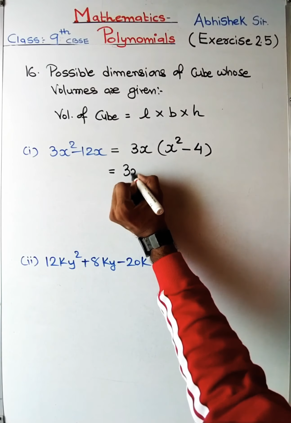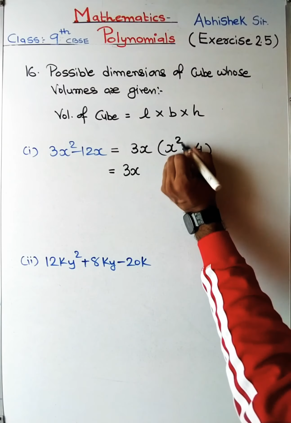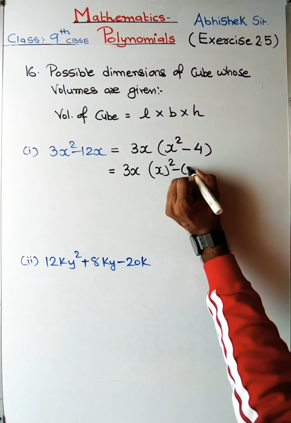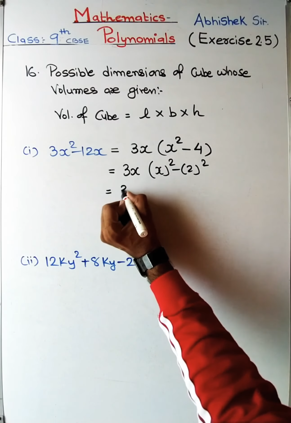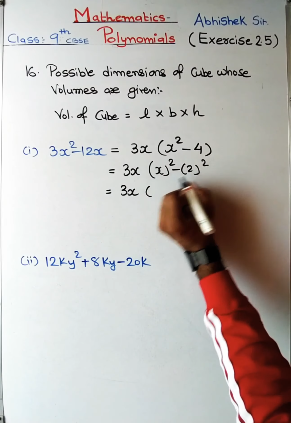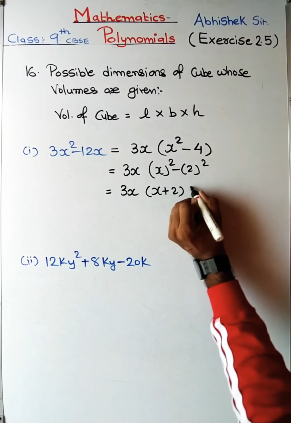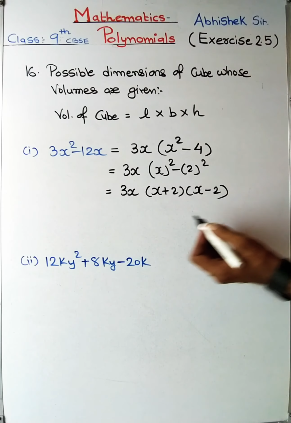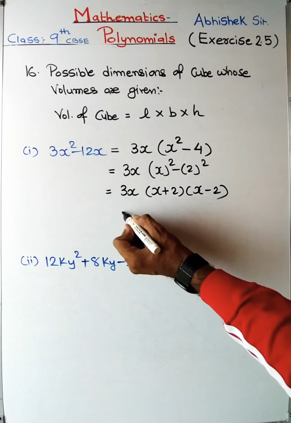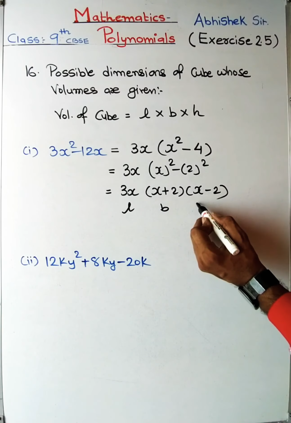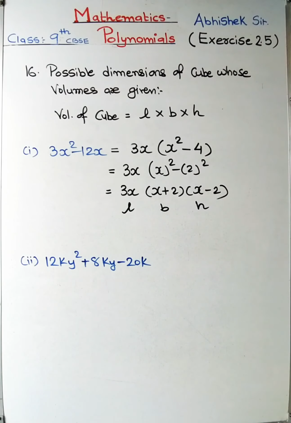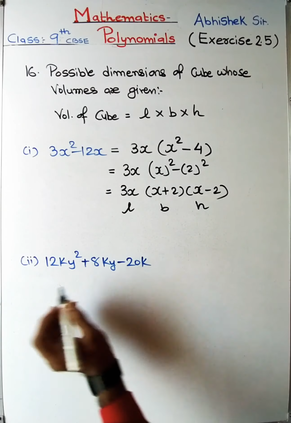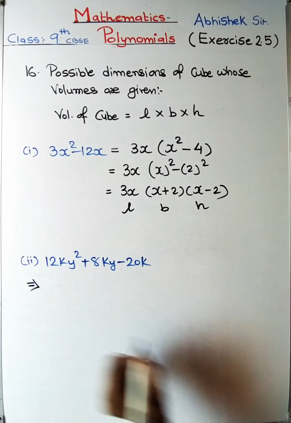So 3x I am writing as it is. x square minus 4 can be written as x whole square minus 2 whole square. So 3x, now x plus 2 and then x minus 2. So we have got three different factors, out of which one can be length, one can be breadth, one can be height. Clear?